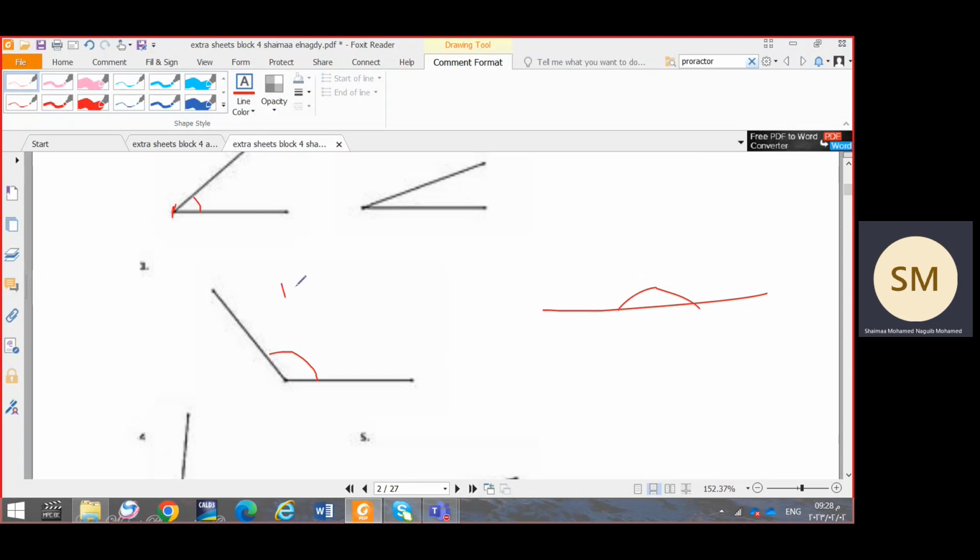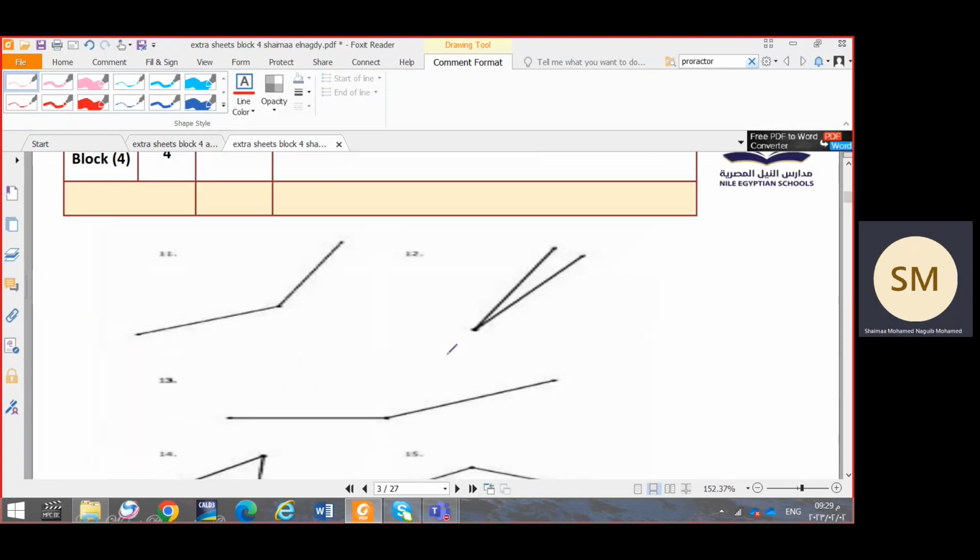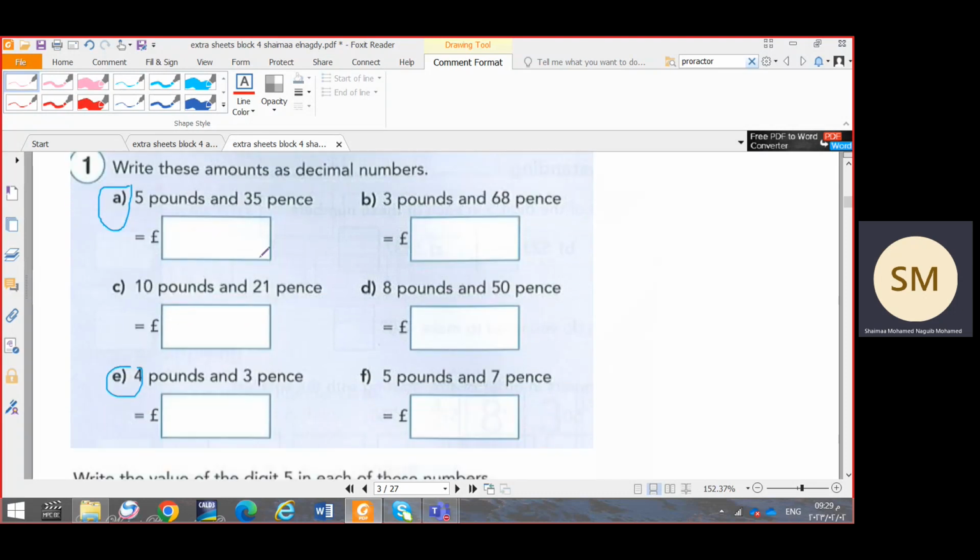If I saw 120 and 60, which measure will I choose? I will choose the biggest one because it's obtuse. What about this one? It will be an acute angle. Okay, let's move to this one, and this is for the final. This is this type of questions.